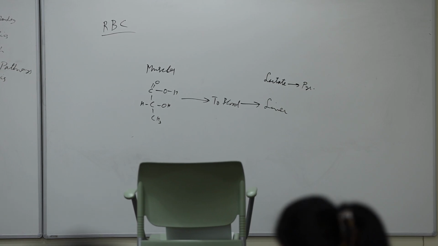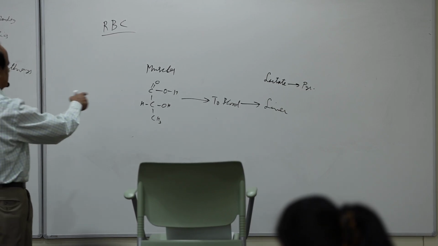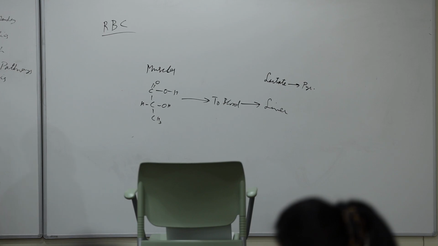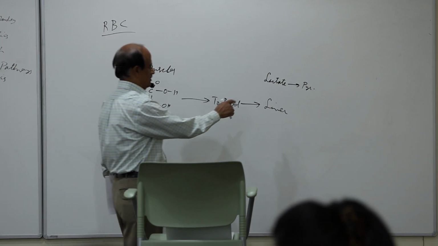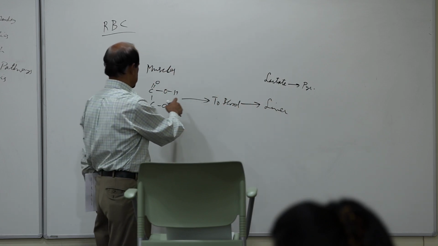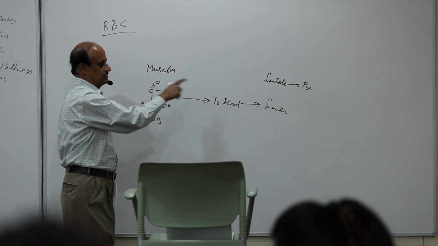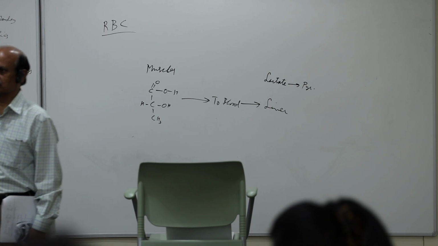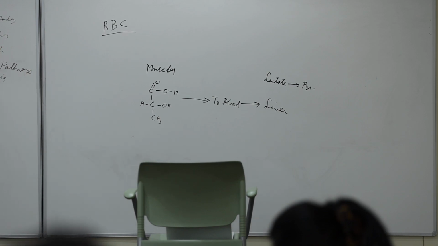So red blood cells will release a lot of lactate into the blood that again goes to the liver and is then converted to pyruvate. The name of the enzyme is the same as the one in the muscles, lactate dehydrogenase. So the name doesn't tell you which direction the reaction goes. It can go in either direction.